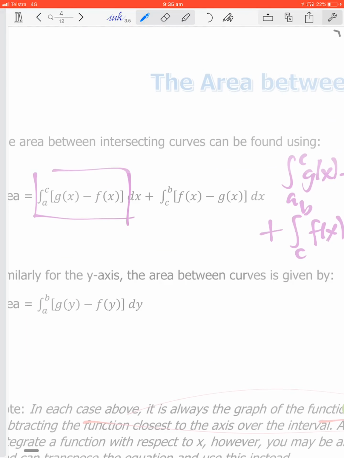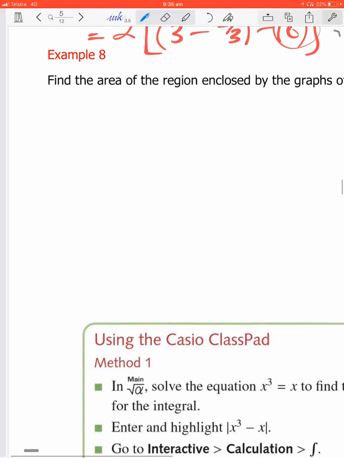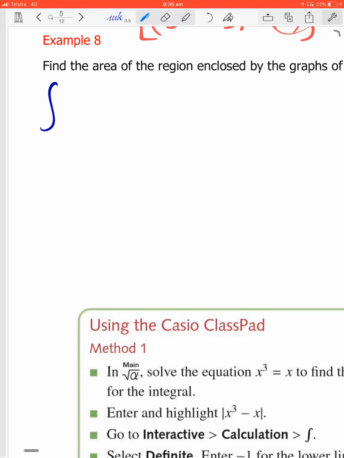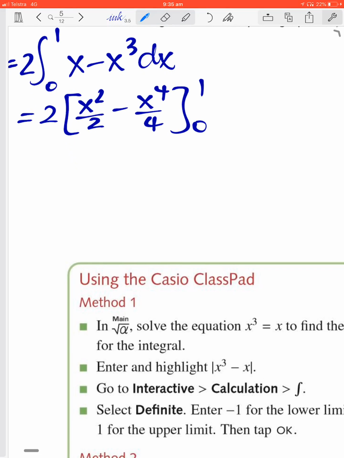So area, what just happened then? Sorry, I hope I don't make you dizzy. 0, 1, 2 times my higher graph, x minus x cubed dx. I get x squared on 2 when I integrate, minus x to the 4 on 4, between 1 and 0. The reason I try and use 0 is because when you sub it into a polynomial, it just disappears, like it's 0.